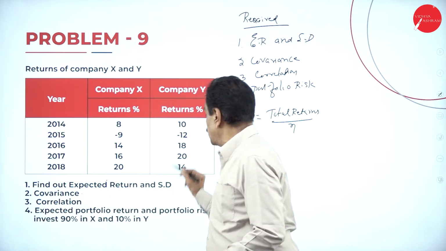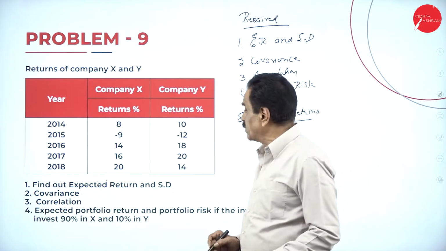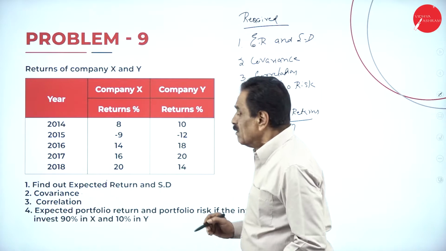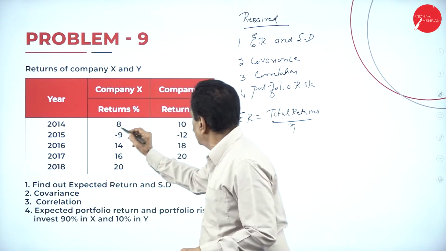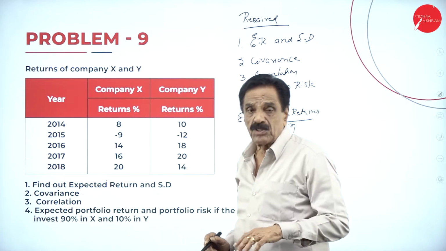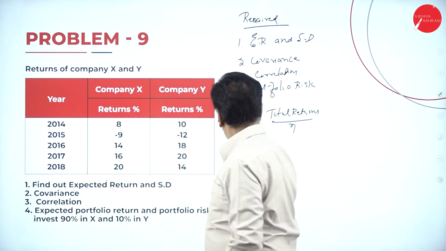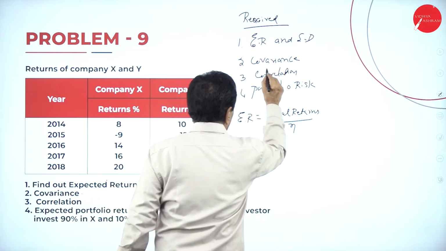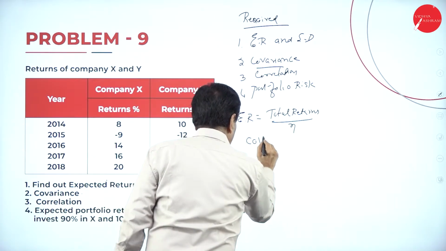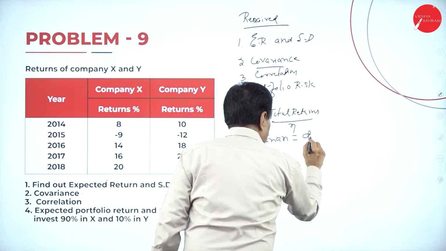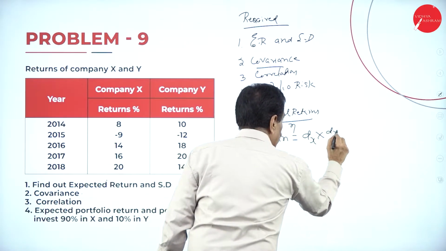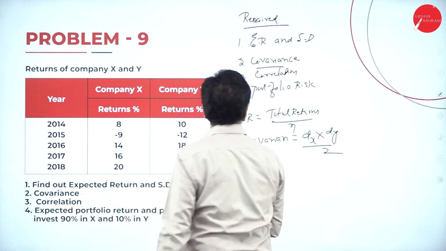Then you find the root, and you get the standard deviation. Same thing goes here. When you go for covariance, you take the deviation of x and deviation of y, divided by 2. Covariance is deviation of x into deviation of y divided by 2.